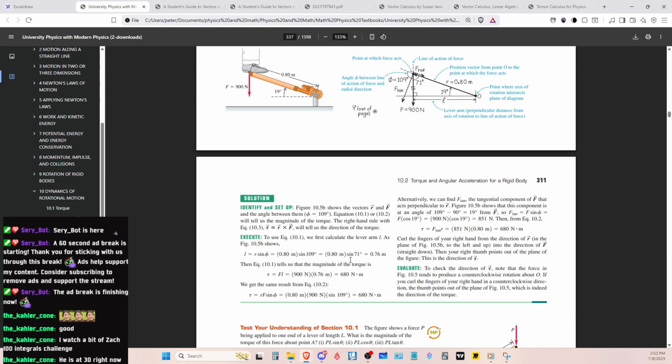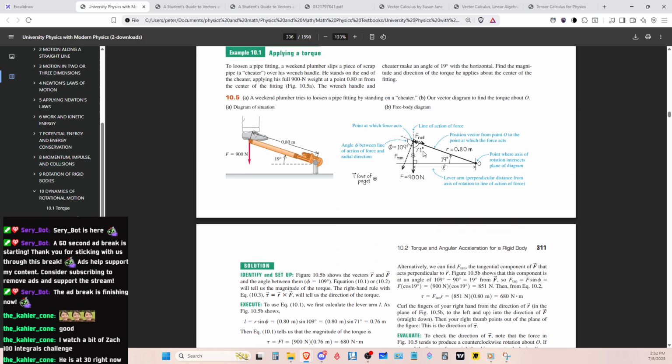So that's like 71 degrees. Oh, maybe they did it to reduce it, because it's supposed to be between 0 and 90. I think they did that to kind of reduce it. Because I'm looking at this part and wondering how they get to this angle. Let's see, 19 degrees.